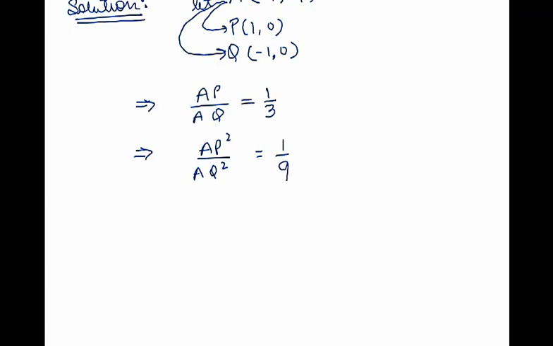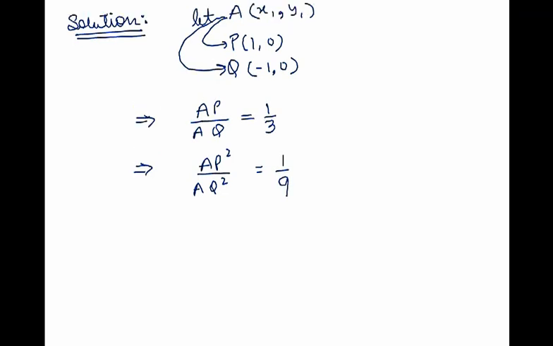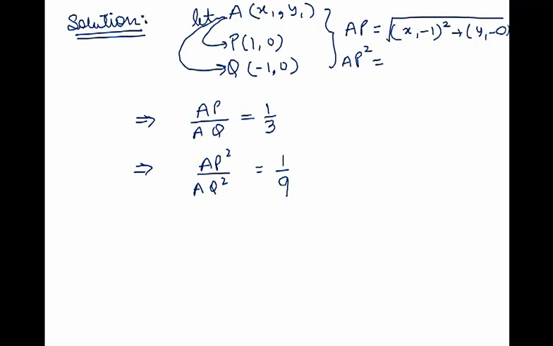Now what will be AP and what will be AQ? It is quite easy. By using the distance formula, AP is equal to square root of (x1 minus 1) whole square plus (y1 minus 0) whole square, and AP square will be equal to (x1 minus 1) whole square plus y1 square.